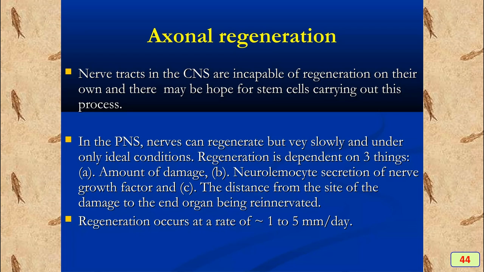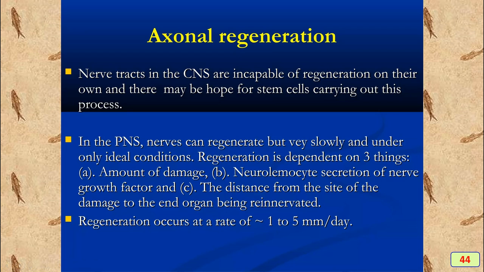Axonal regeneration: see, the nerve tracts in the central nervous system are incapable of regeneration. There may be hope for stem cells carrying out this process. So usually the body cells have the regeneration capacity, whereas the neurons of the central nervous system do not.